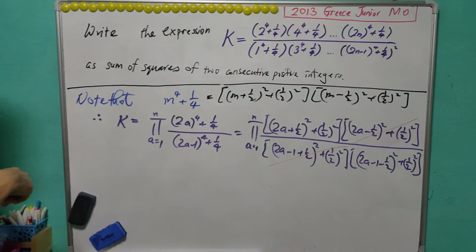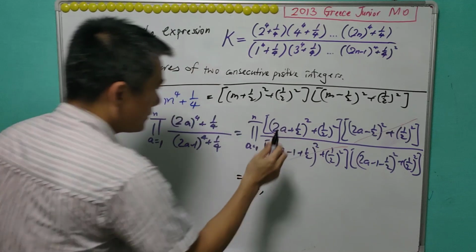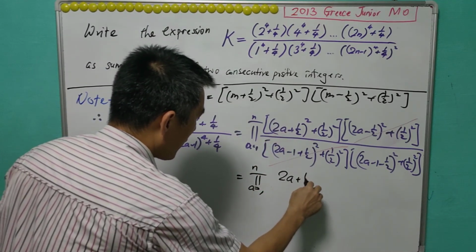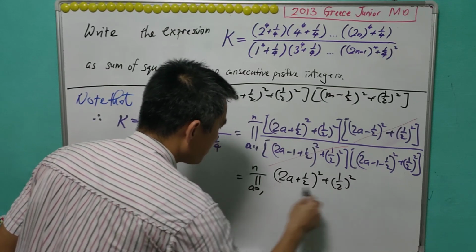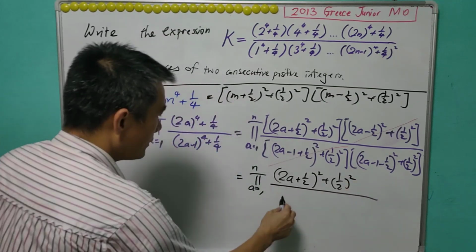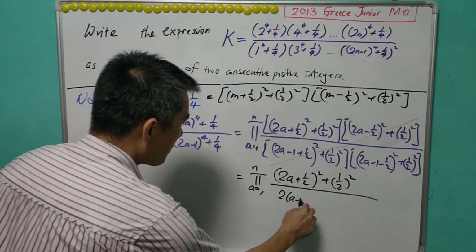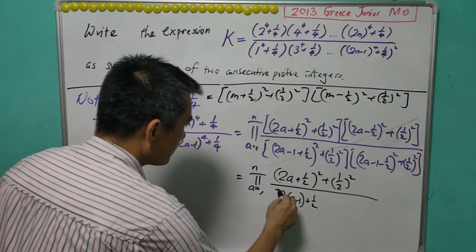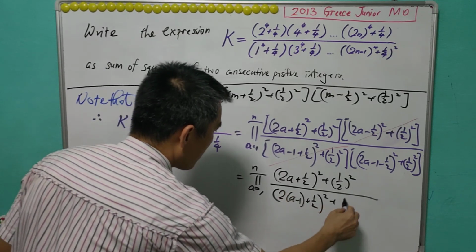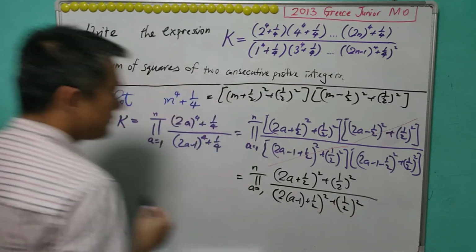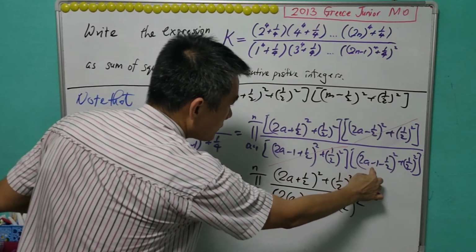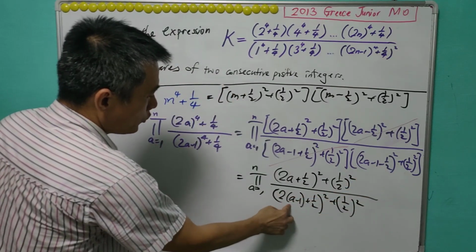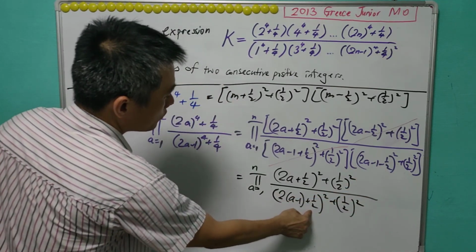The second thing that we can note is that this is (2a plus half) squared plus (1 over 2) squared. And for this, it can be written as (2a minus 1 plus half) squared plus half squared. Note that this is 2a minus 1.5, so it's 2a minus 2 plus 0.5.